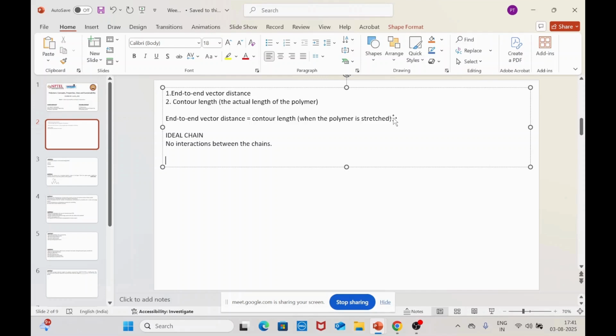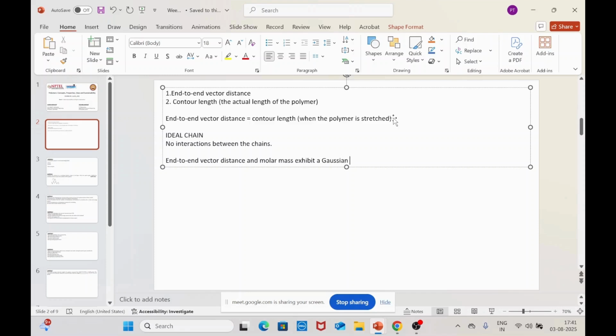So based on this end-to-end vector distance, the contour length and the molar mass, we come up with the relation wherein we say that the end-to-end vector distance and the molar mass exhibit a Gaussian distribution.